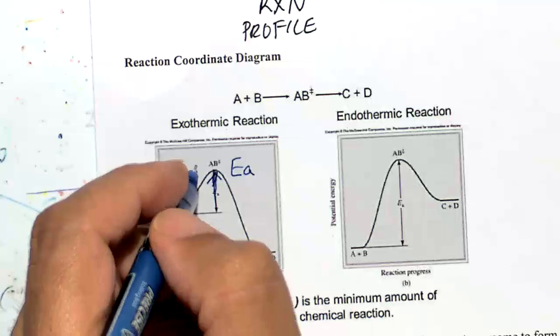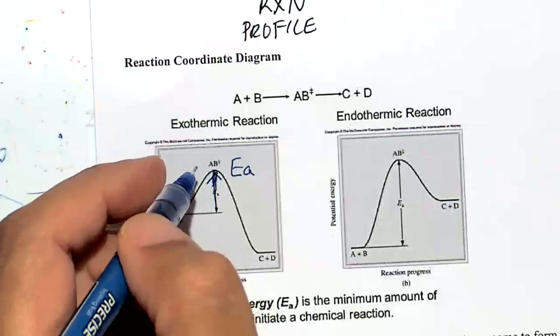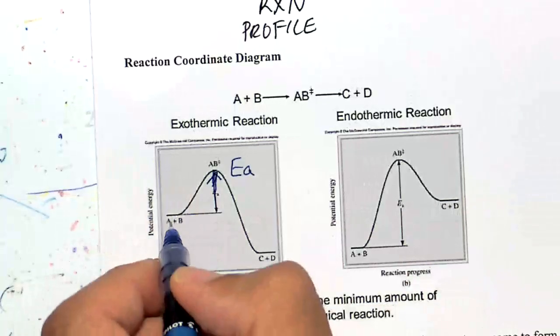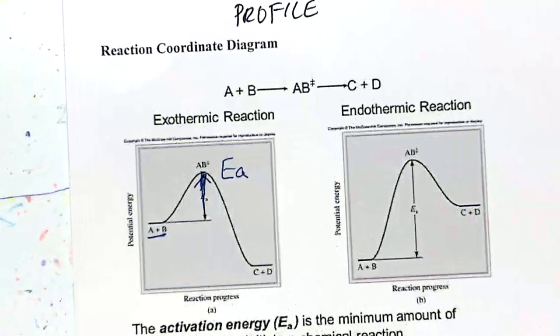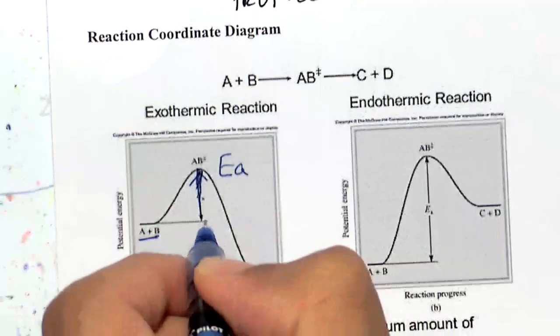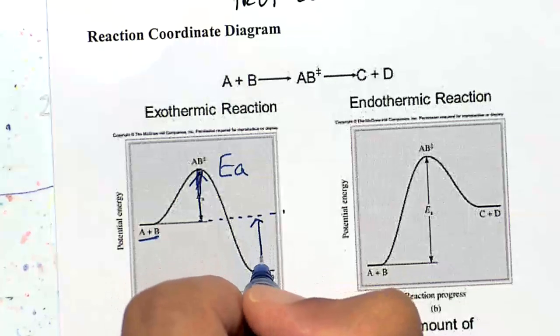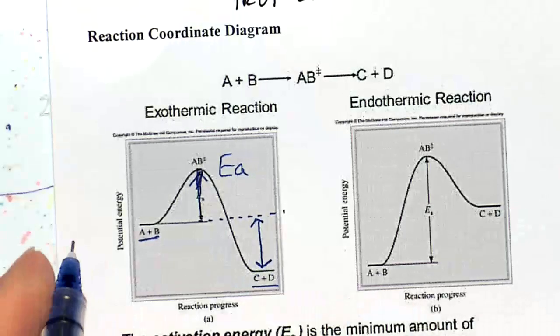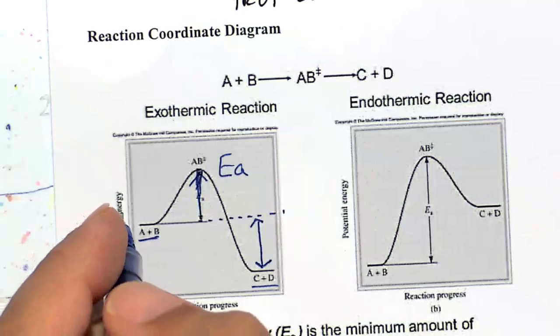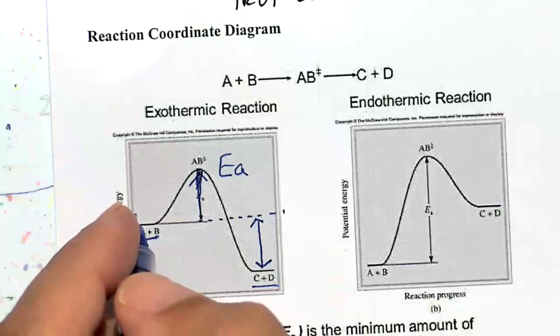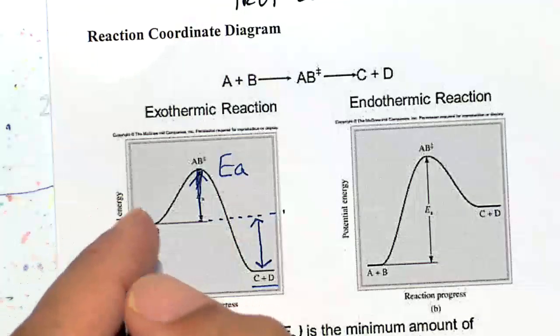You need the right collision frequency and right three-dimensional orientation. These are the reactants. These are the products. From an initial starting point all the way to the hump, that's what the activation energy is. Right collision frequency and right orientation.